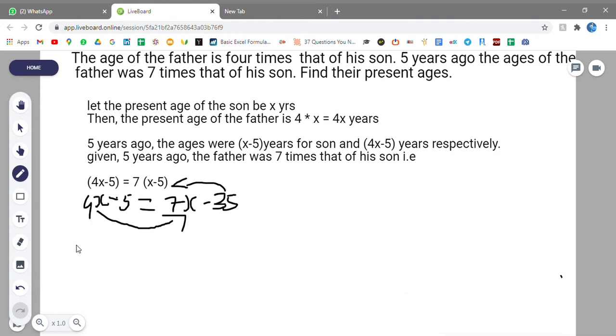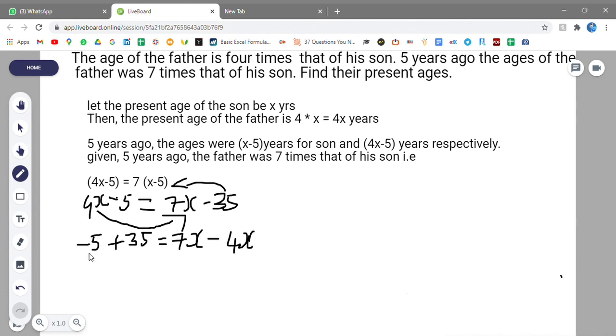So I have minus 5 plus 35 is equal to 7x minus 4x. The plus 4x here becomes minus 4x.